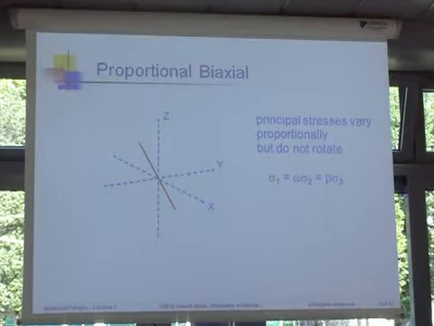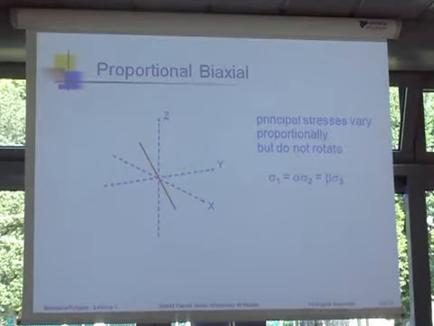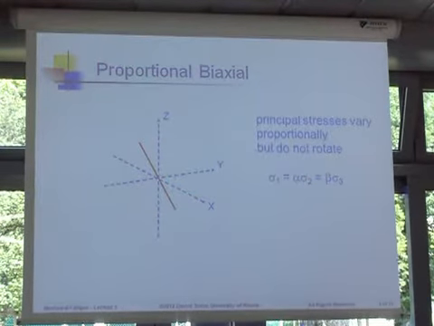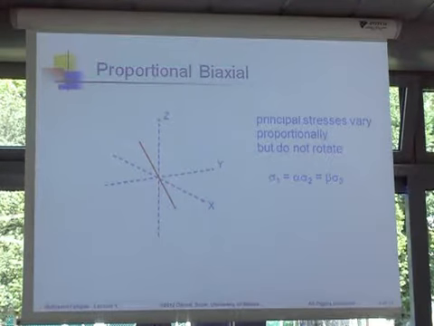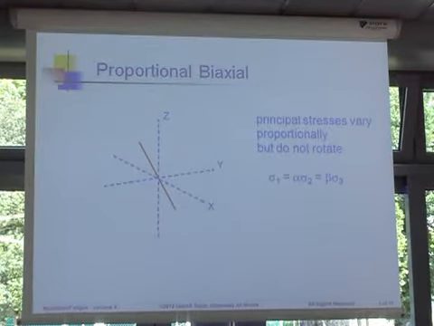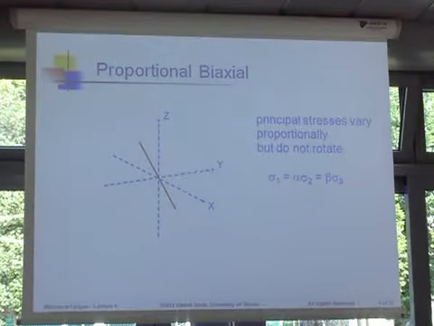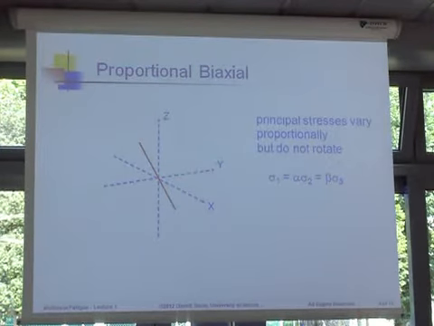Then we talk about the term proportional loading, or proportional biaxial loading, and this is a case where all of the principal stresses in any coordinate system you like are related to one another. I just write that it's by some proportionality constants always. This is what would happen if I twisted the bar.